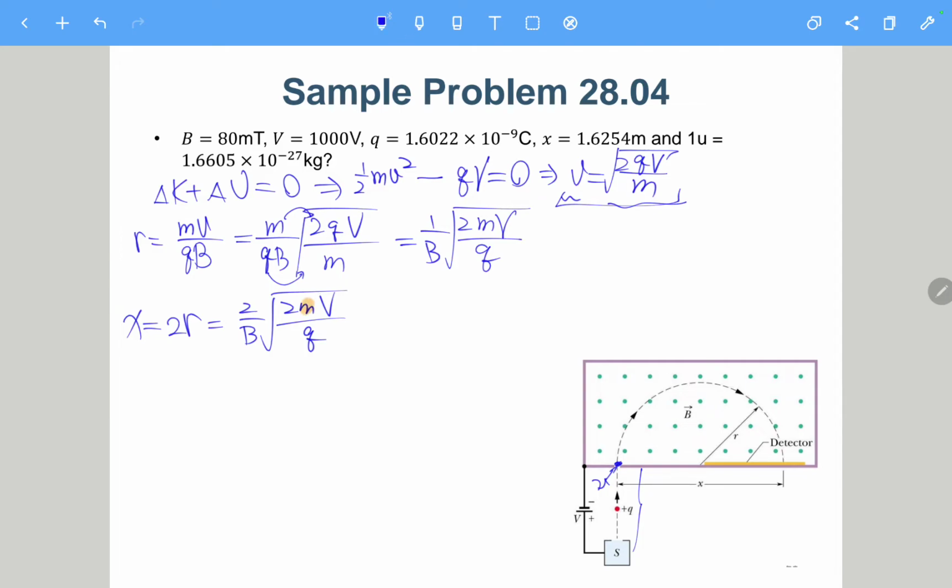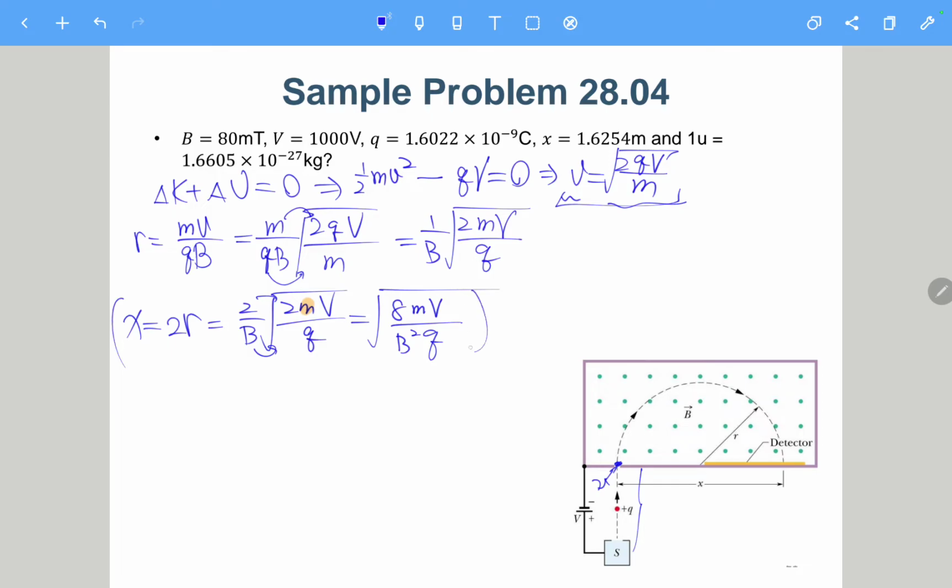So we just move all the terms over and then we try to find m. Or maybe we can first multiply all the things inside so that it makes things easier. So it becomes 8mV over B squared q. So if we have a square root, we just take the square on both sides.